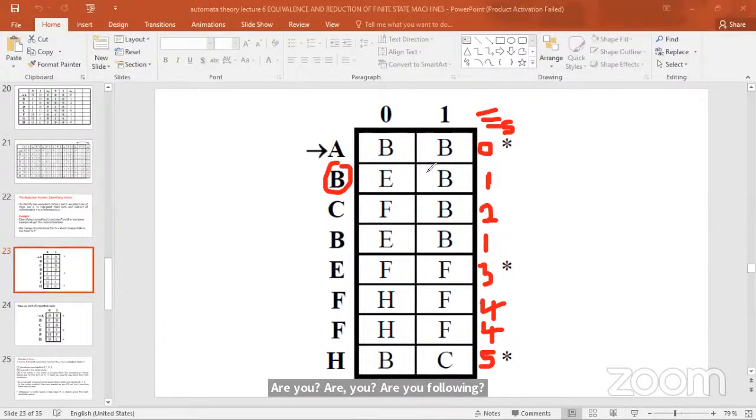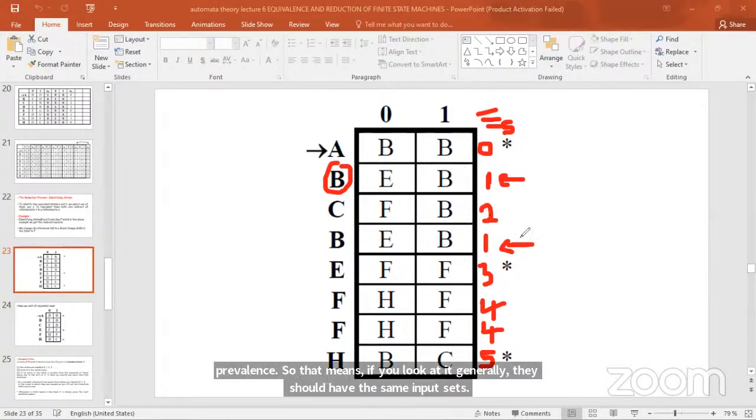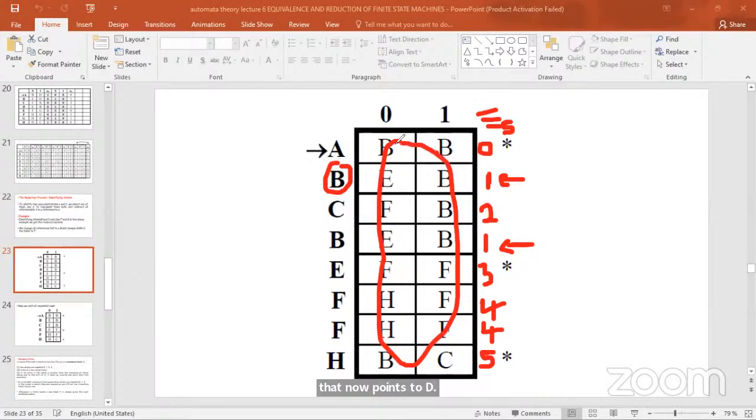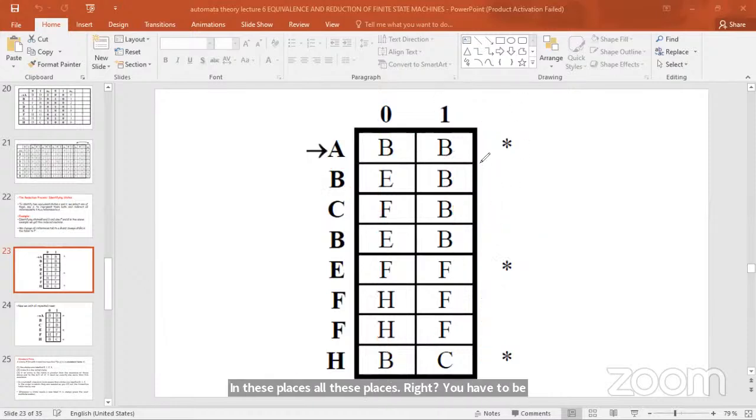Oh, great. So you see that we said that B and D had the same equivalence. That means they should have the same input sets. Anything that now points to D in all these places has to be changed to the first encounter.